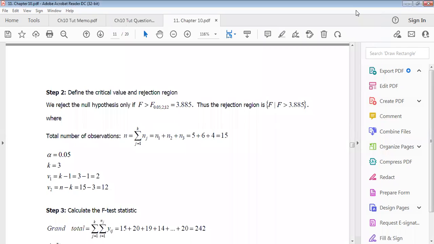Can you see DF1, DF2? Okay, I think I sent, let me send you the F table, because there are two different F tables.